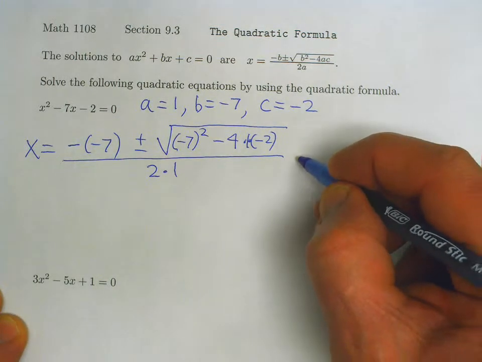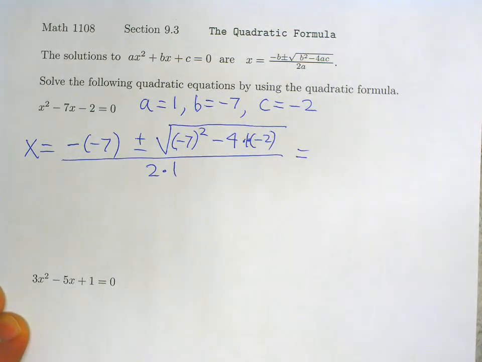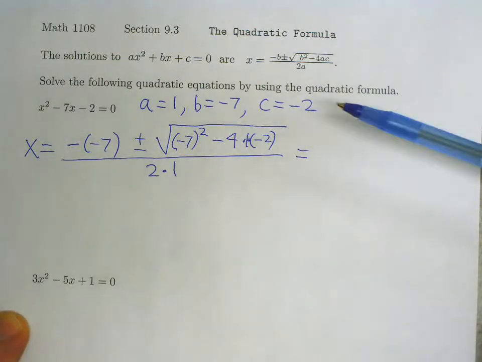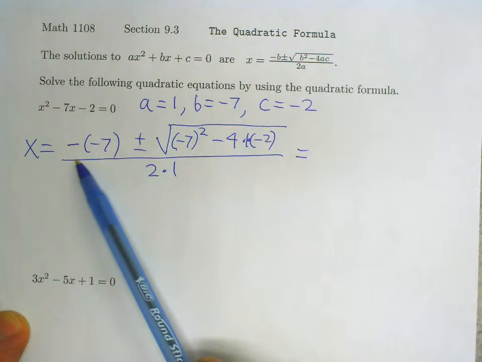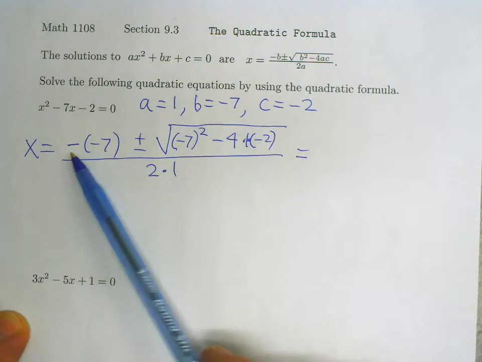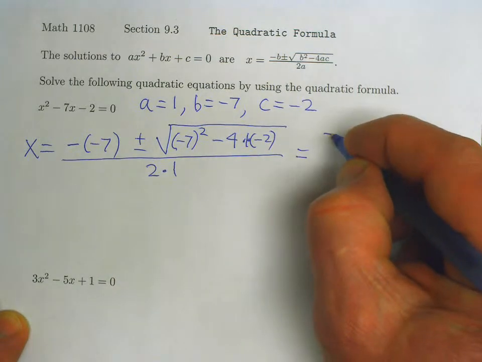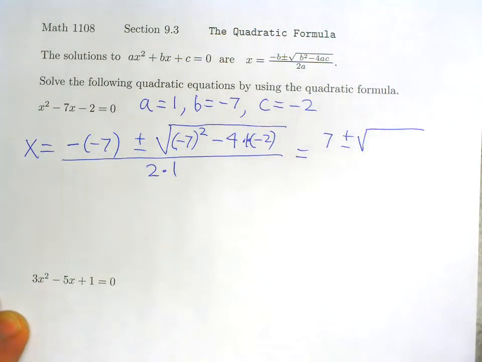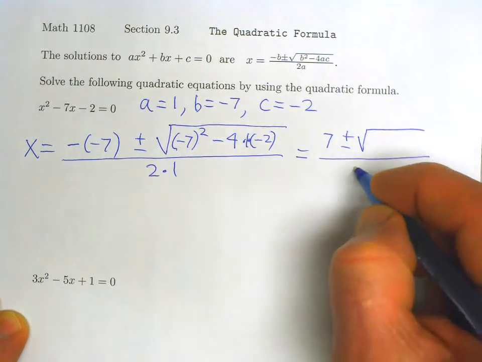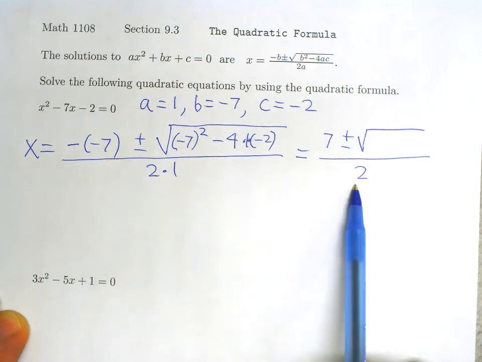So now we'll just do some arithmetic. It only takes one little mistake to throw everything off. The negative of negative 7 is 7, and then plus and minus the square root of some number, all divided by 2, because 2 times 1 is 2.